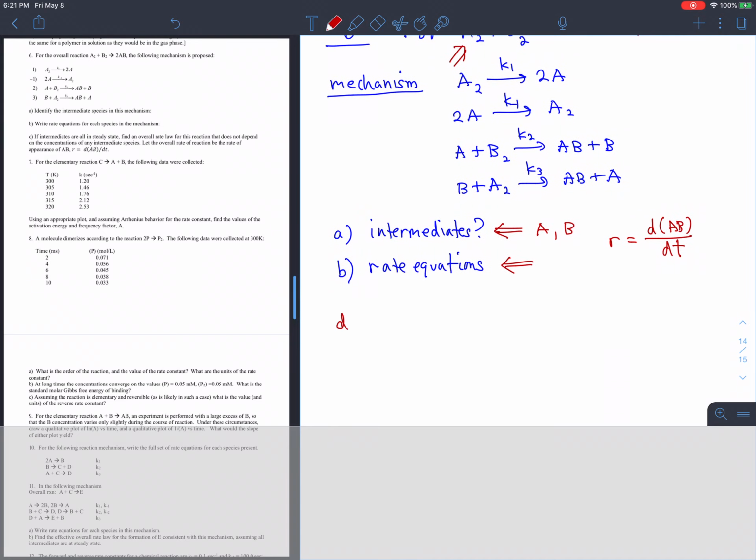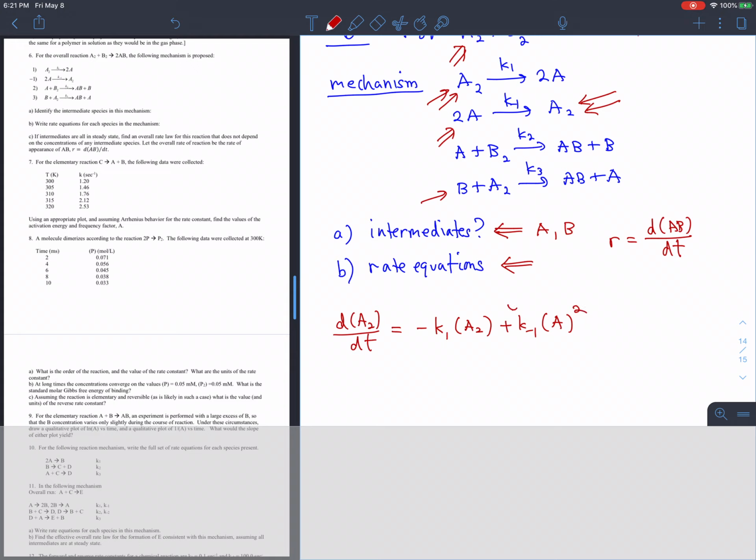So writing the rate equations, first for A2. A2 appears in the first equation, it appears in the next equation, and it appears in the last equation, so we're going to have 3 terms. The first term is going to be a first order term, minus because it's a reactant, K1 times A2 to the first power. The second term is a product with 2 reactants, so it's going to be a second order rate law, plus K minus 1 times A squared.